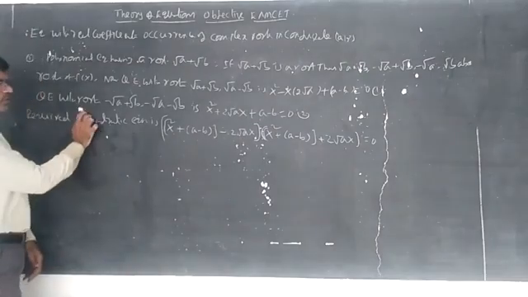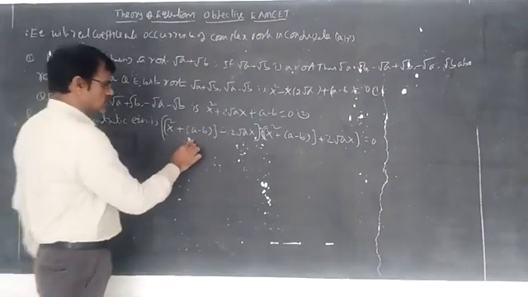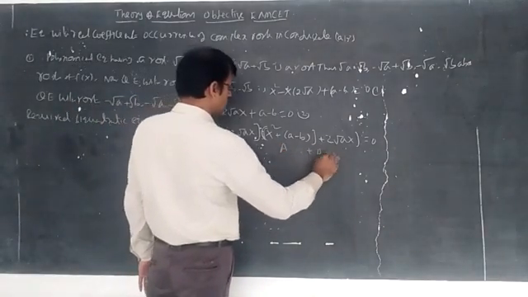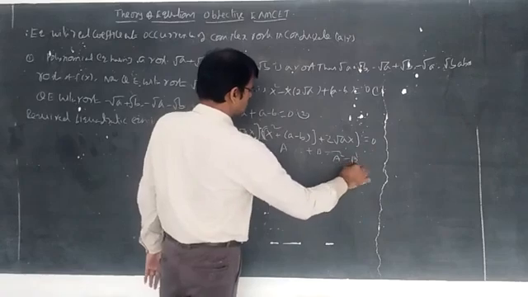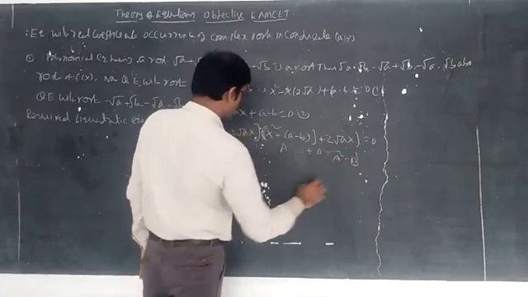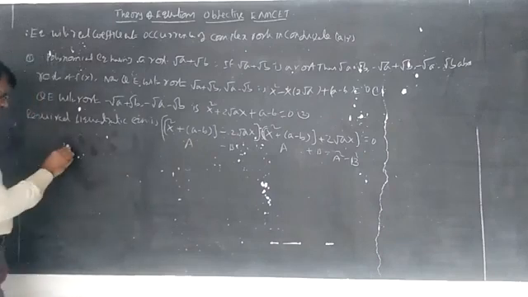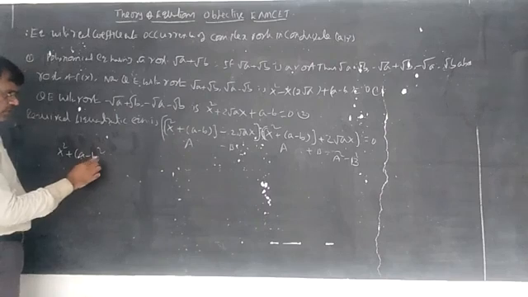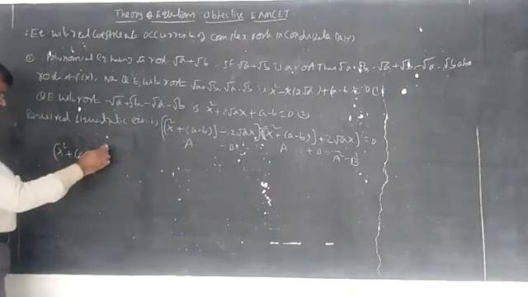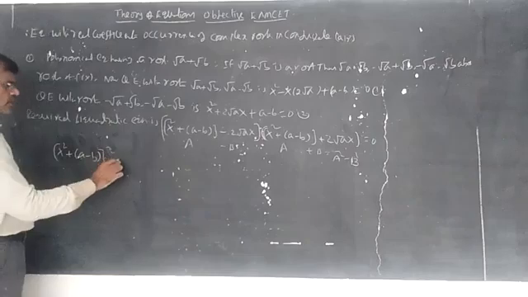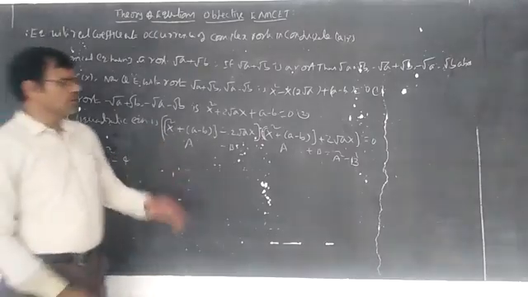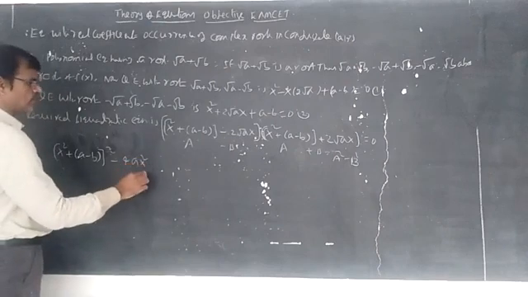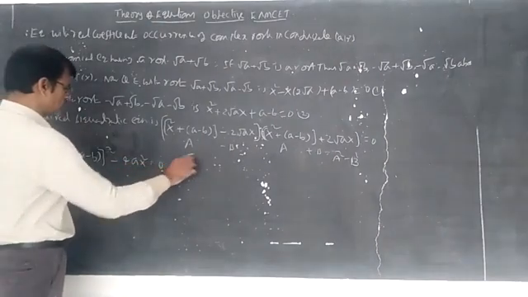Now you can understand this one as the a minus b formula and the a plus b formula. The result is a square minus b square concept. So a square means here x square plus a minus b whole square, minus 2 root a whole square. You can write 4a x square, equal to 0.